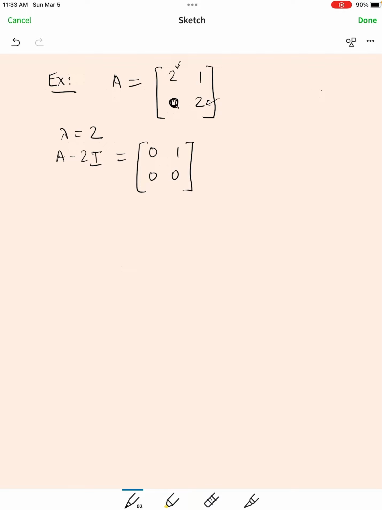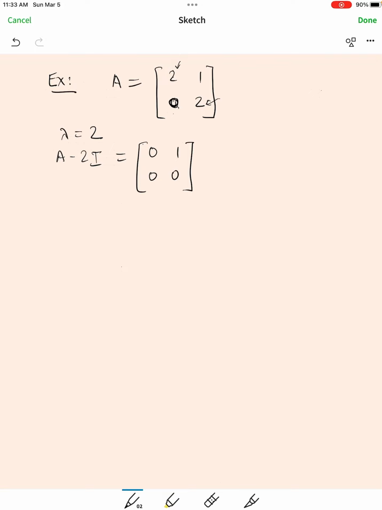Now there's only one eigenvalue to work with, right? And so remember, we need 2 linearly independent eigenvectors. But if you think about it, in order for A to be diagonalizable, can you have 2 linearly independent eigenvectors?